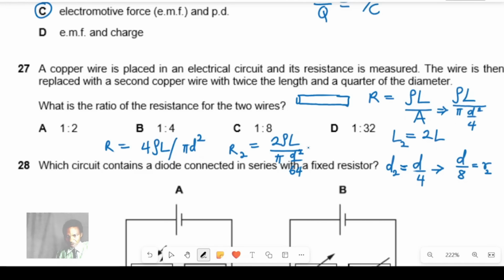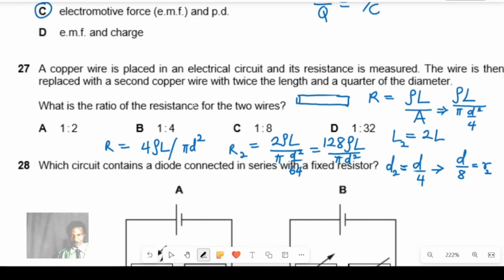So this will now be 64 times 2, which is 128 rho L over pi d square. Okay, so that's the resistance.